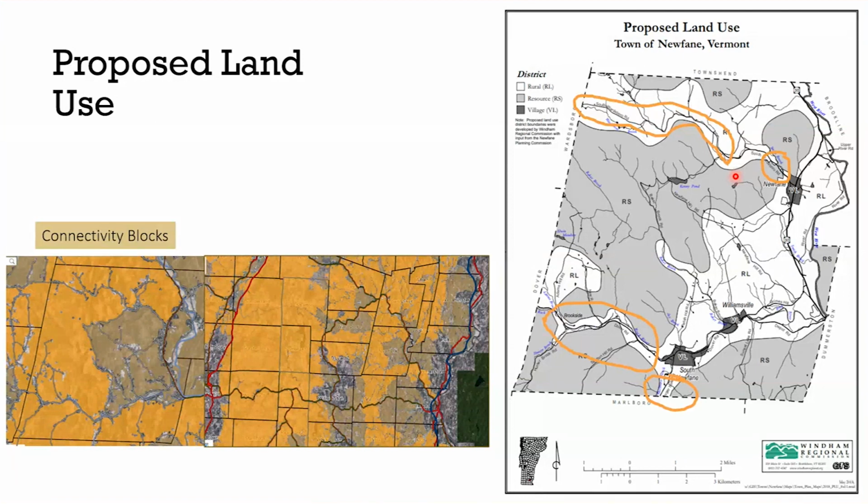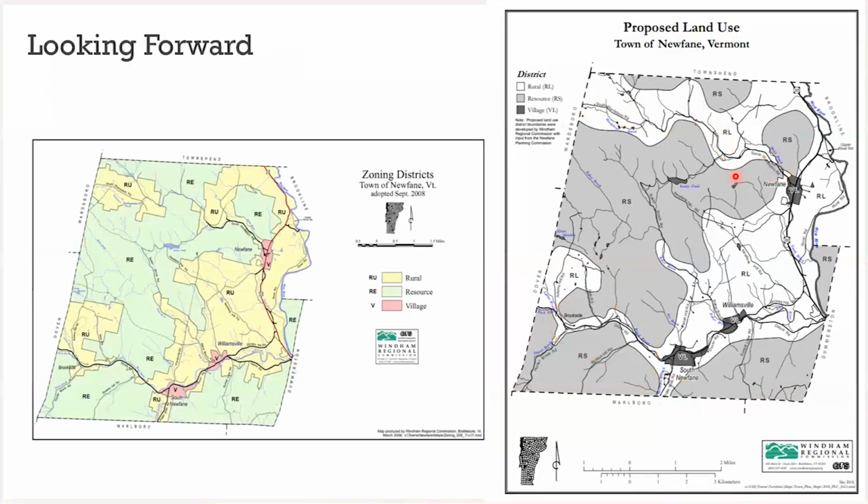Even though their proposed land use calls for getting rid of those connections, their current zoning does maintain those connections. So the resource zone in their zoning does go through here, and so it does offer more protections.